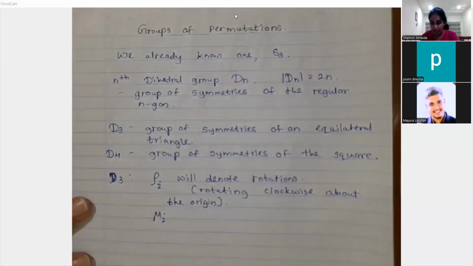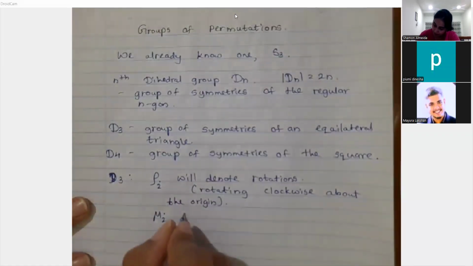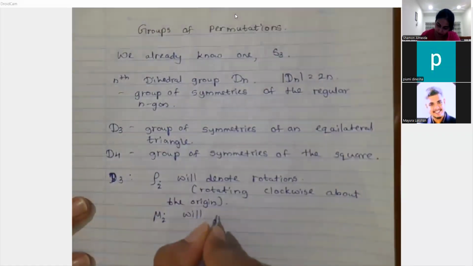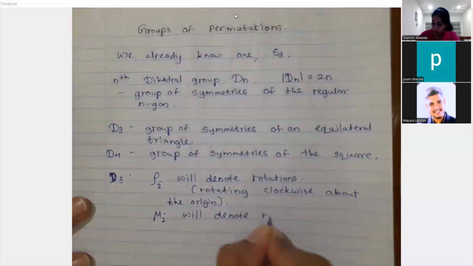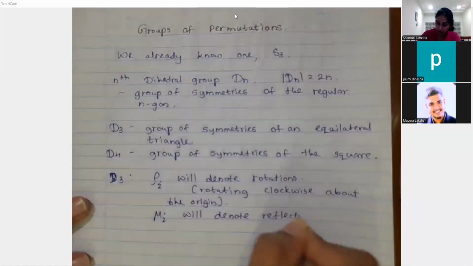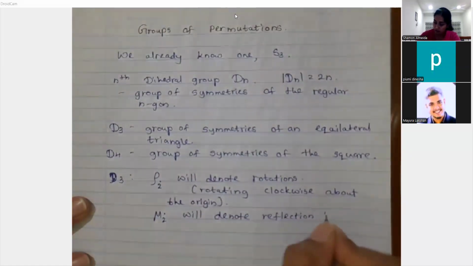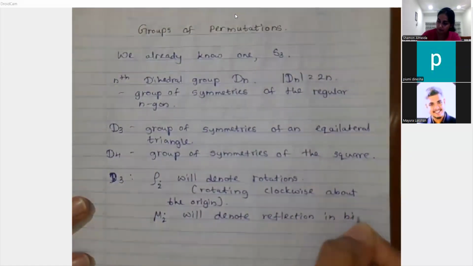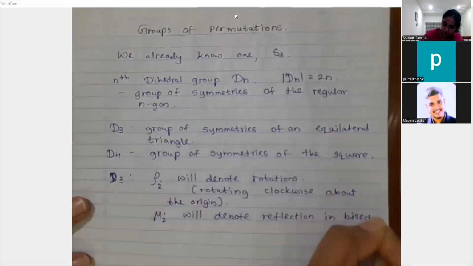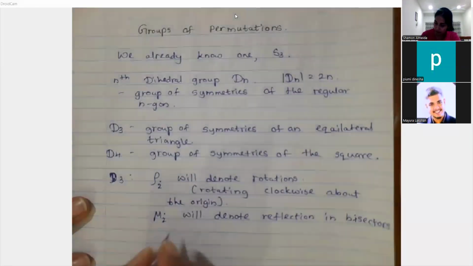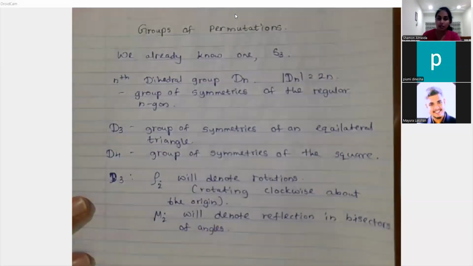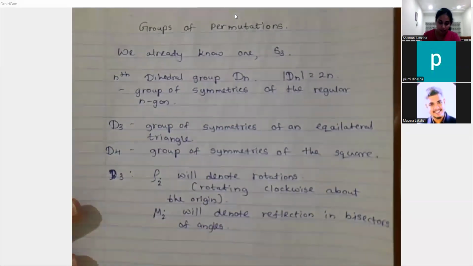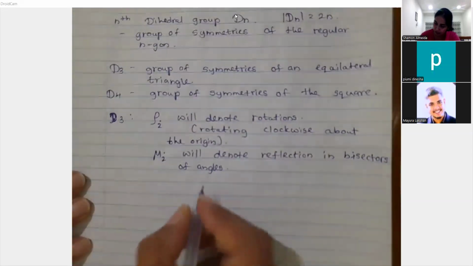reflection in bisectors of angles, right? Okay. So what does it mean?